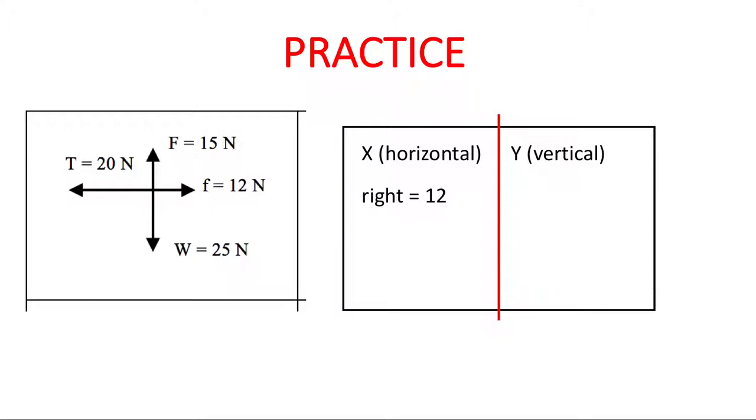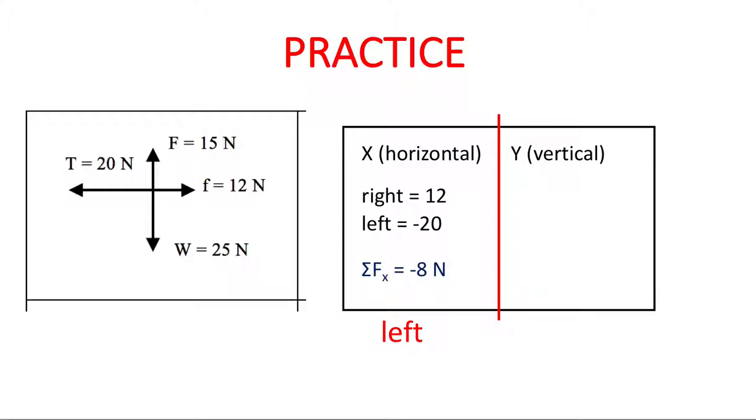Yes, there was friction of 12. Are there any forces to the left? Yes, there was tension of 20. Remember that left is negative. If I put this together, I get a net force of negative 8 newtons. Because it's negative in the x dimension, this means the net force is pointing to the left.